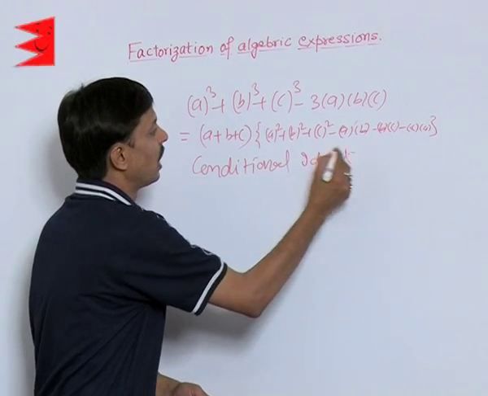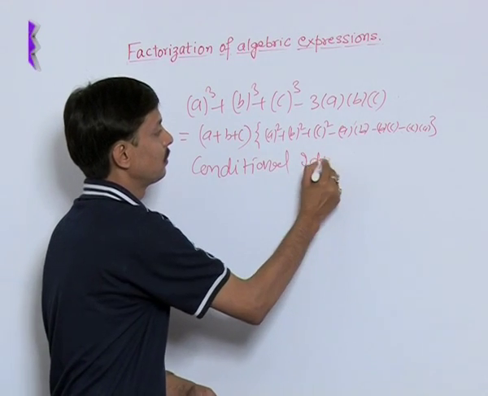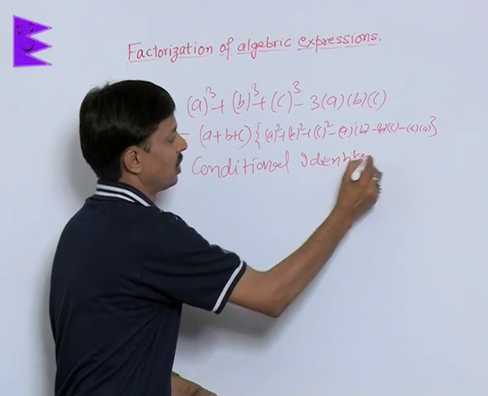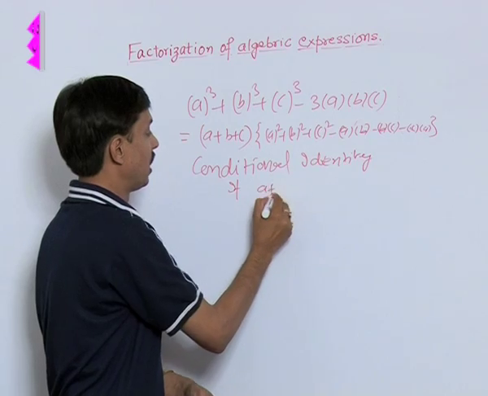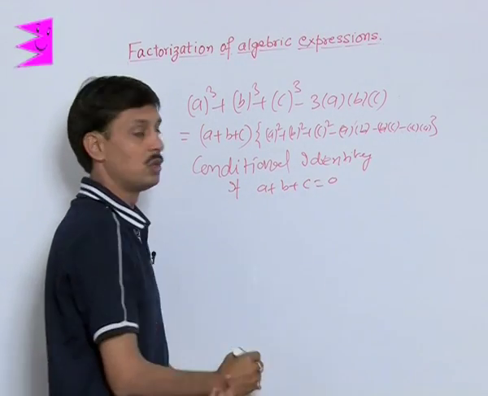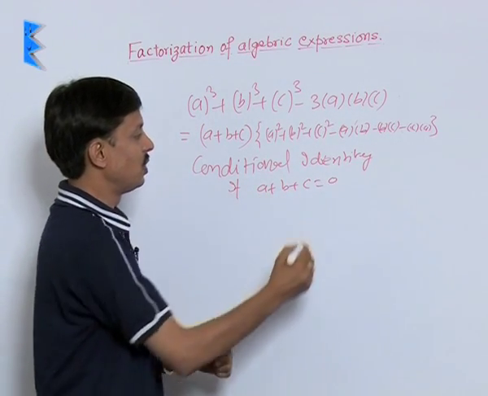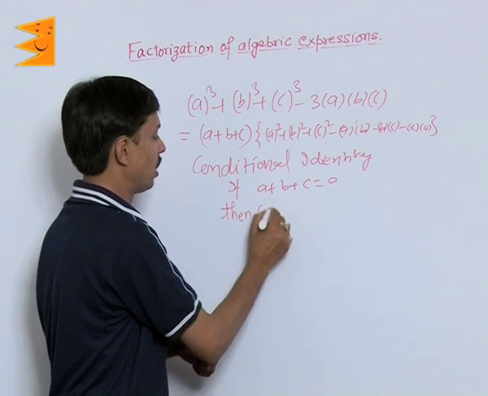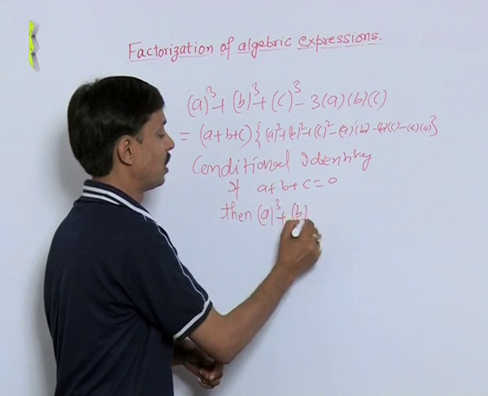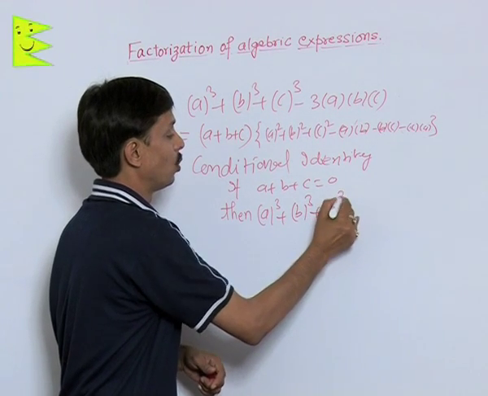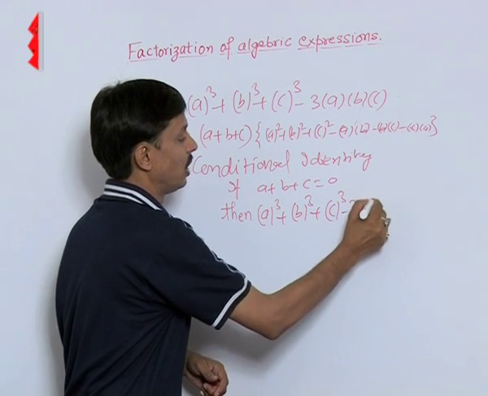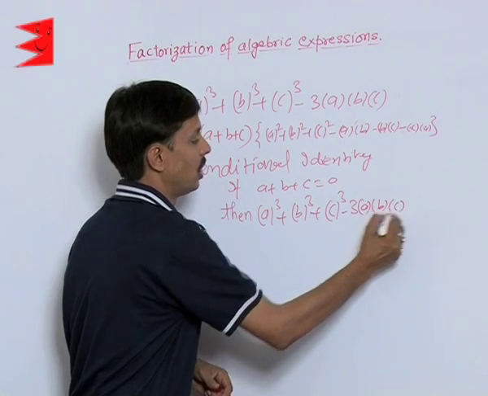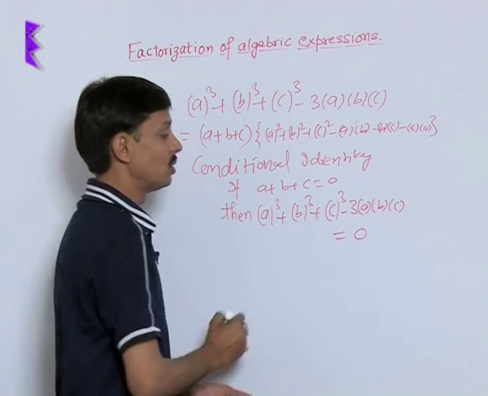The conditional identity in the above question is: if a plus b plus c is equal to 0, then we can say a cube plus b cube plus c cube minus 3abc is equal to 0.